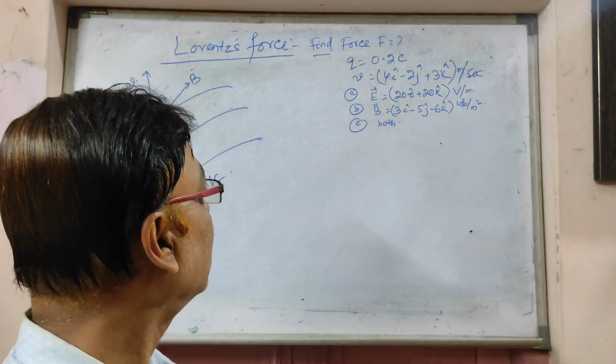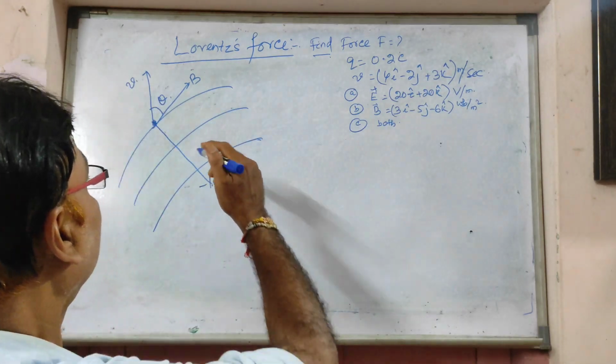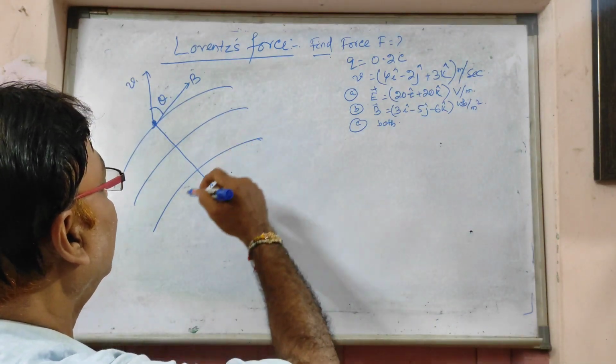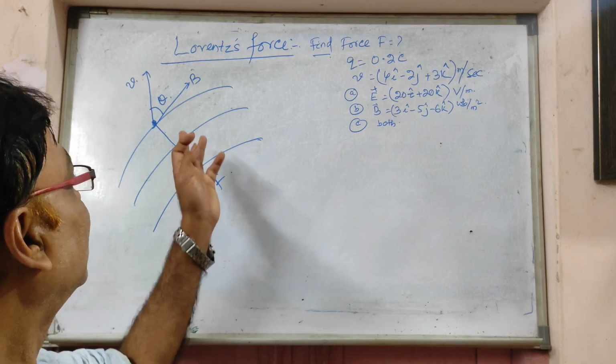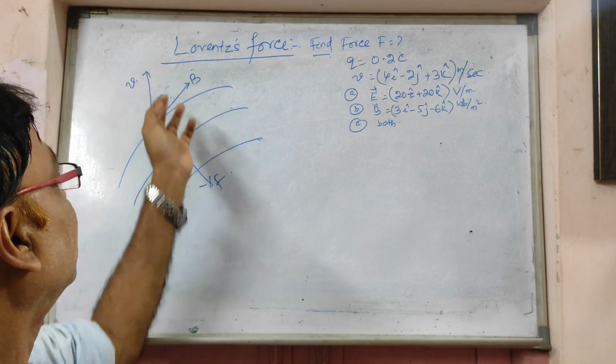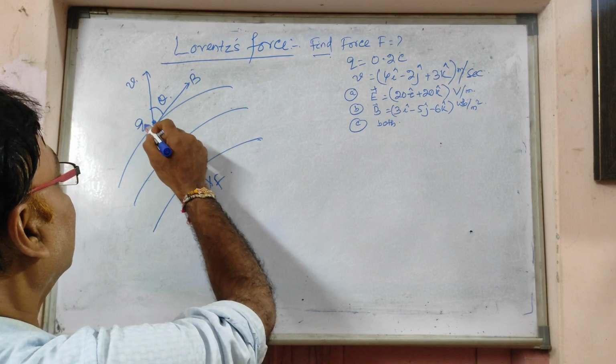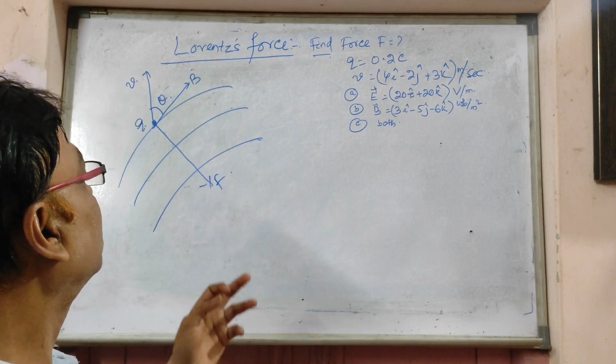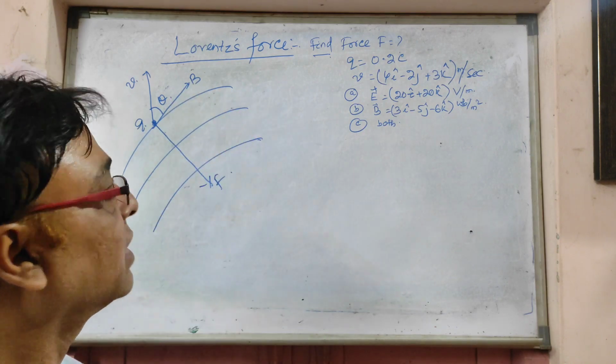Now first of all, suppose this is the electric field and this is the magnetic field, and suppose this is the velocity of the charged particle, and the angle between V and B is theta.